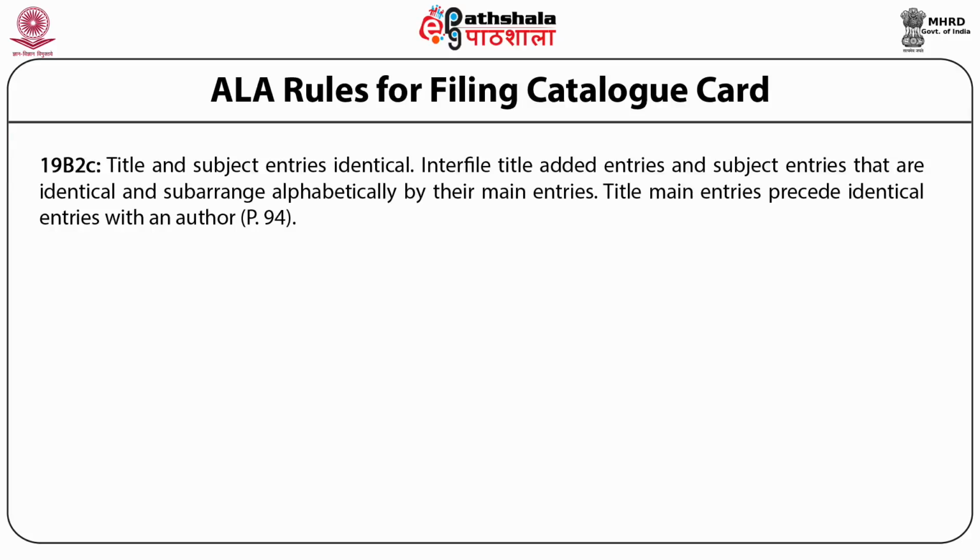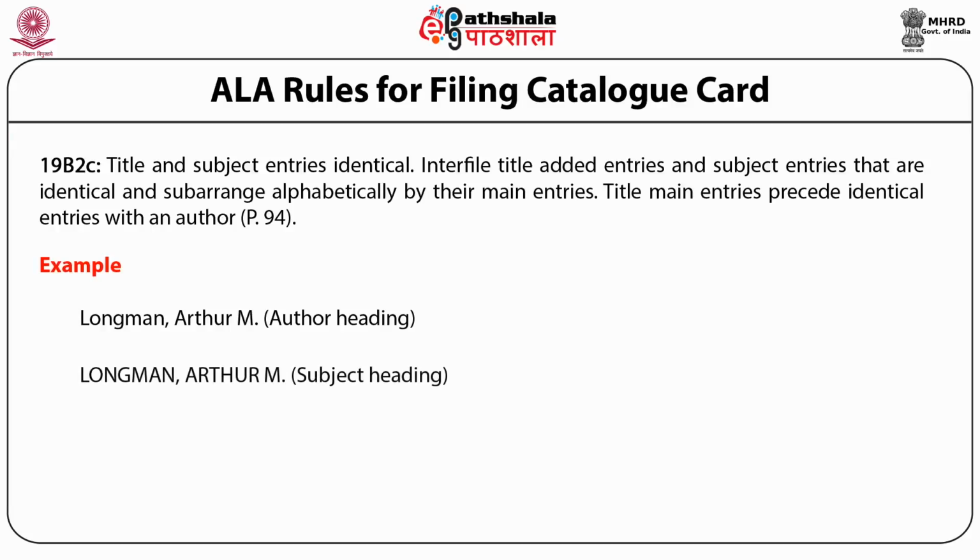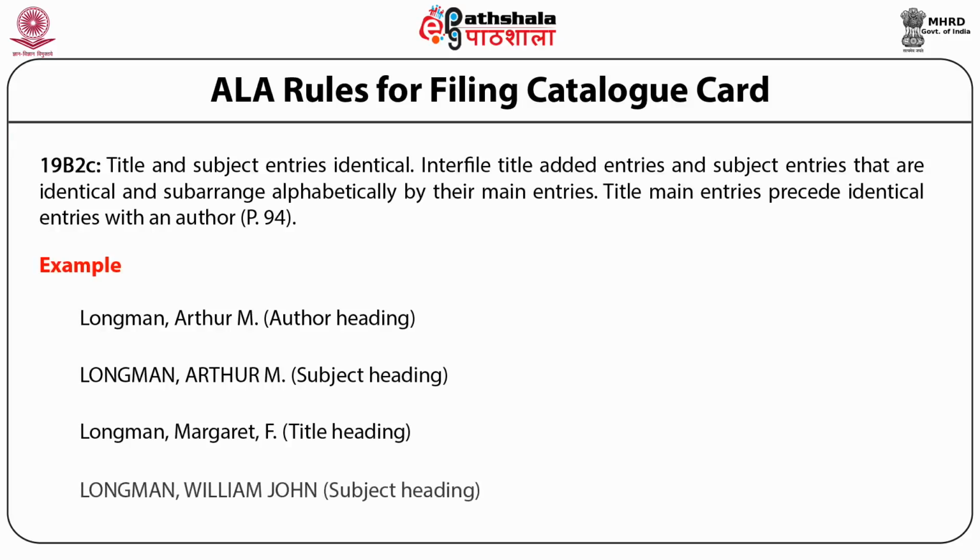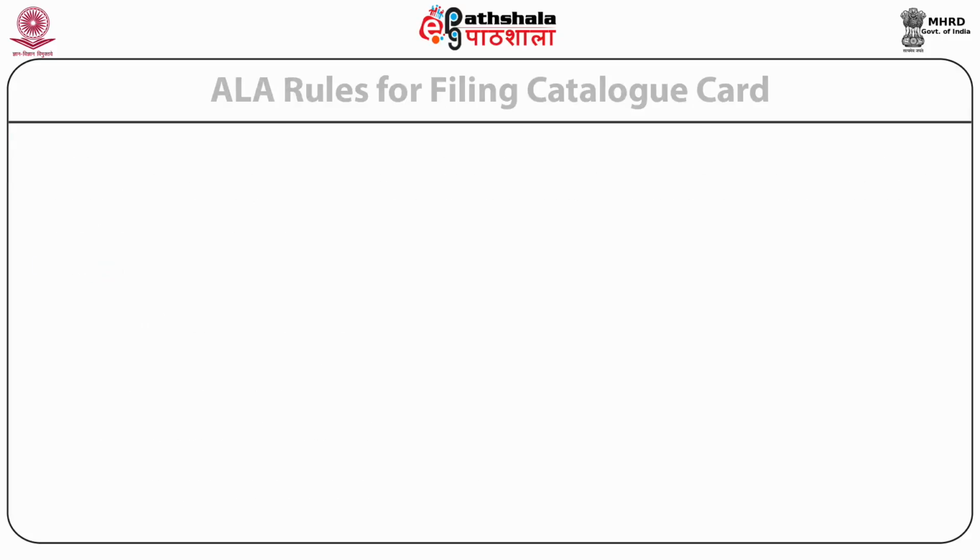This rule is given on page number 94 and examples are as follows. Longman, Arthur B. This is an author heading. Longman, Arthur M. It is a subject heading. Longman, Margaret F. It is a title heading. Longman, William John. It is a subject heading.